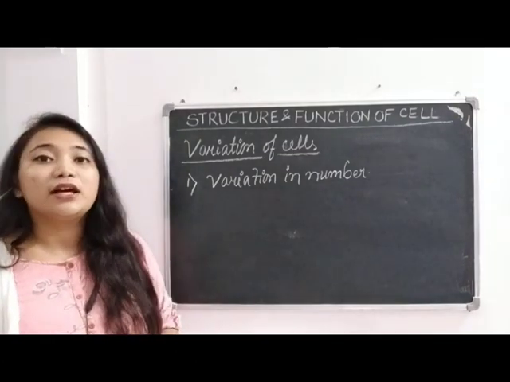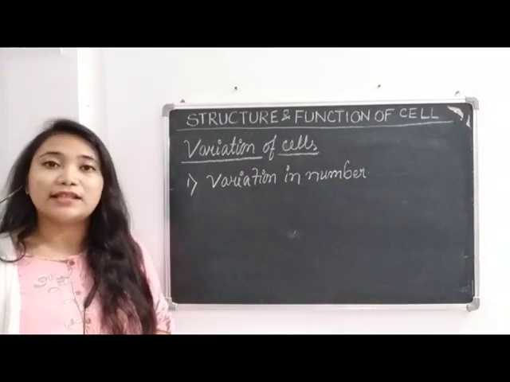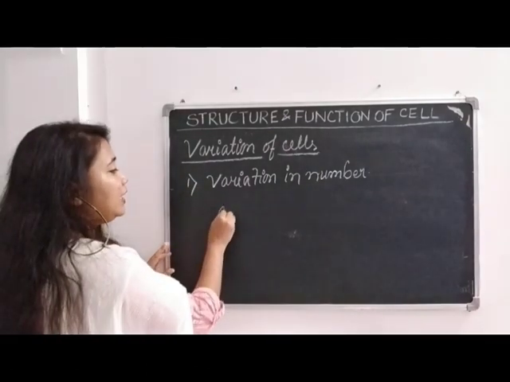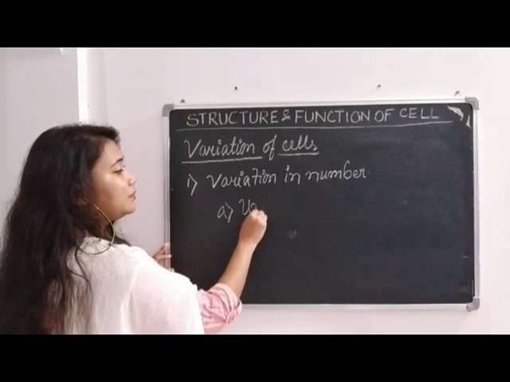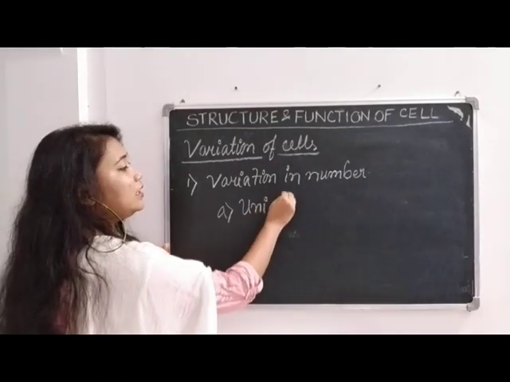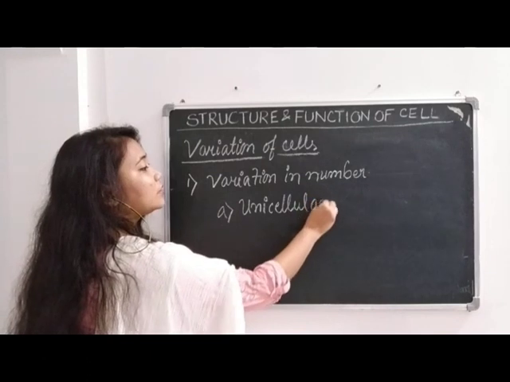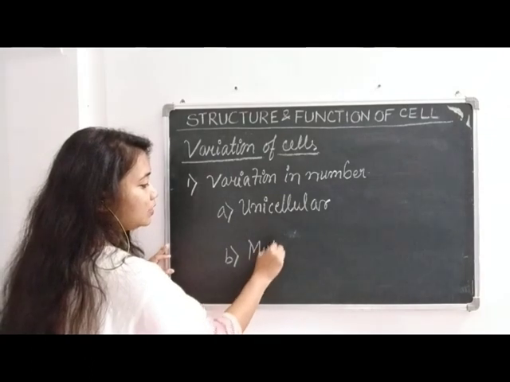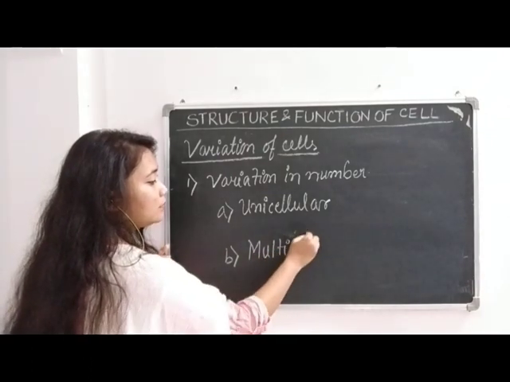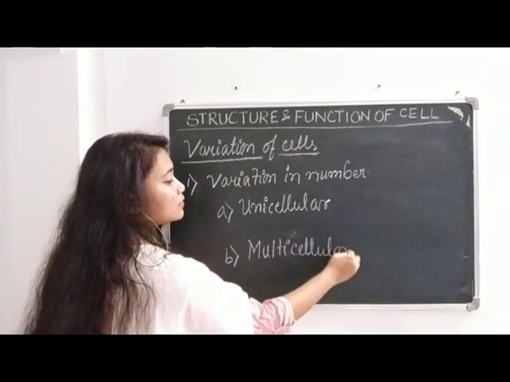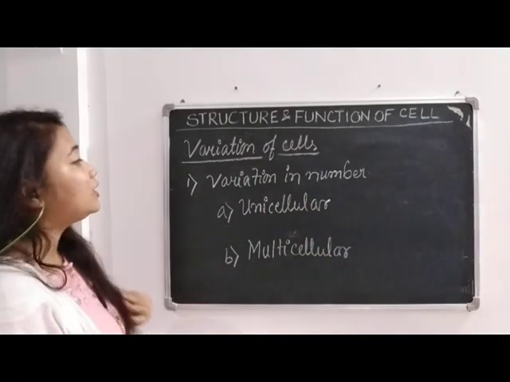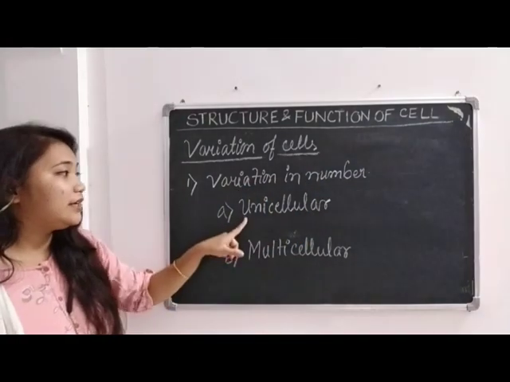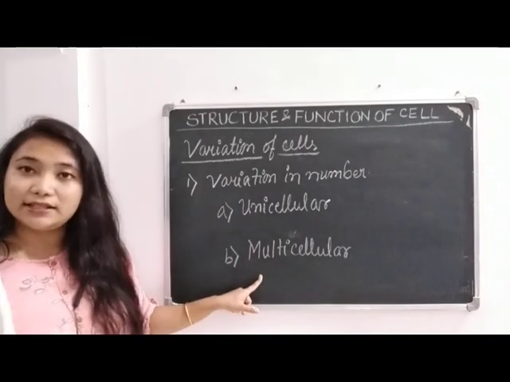On the basis of that, we can divide the types of cell into 2 categories. A will be unicellular. And B is multicellular. So here you see variation in number. The number of cells, on the basis of that, we are dividing into unicellular and multicellular.